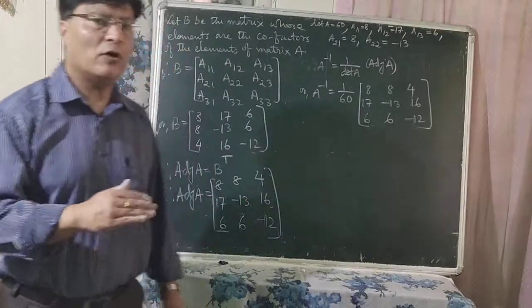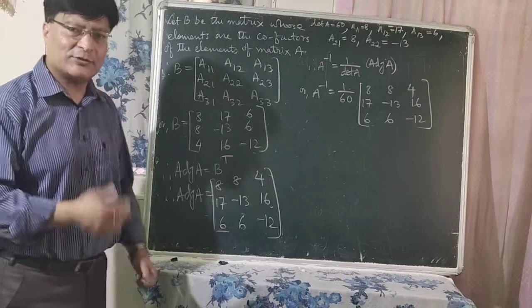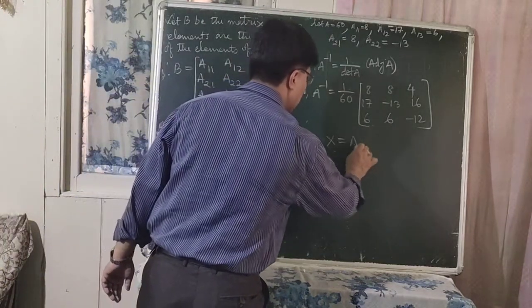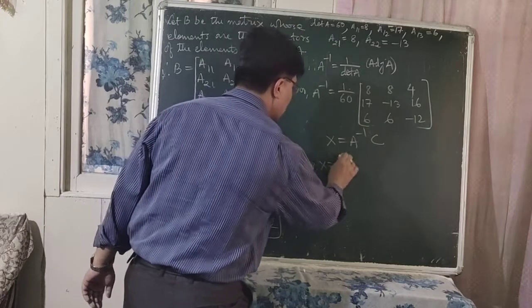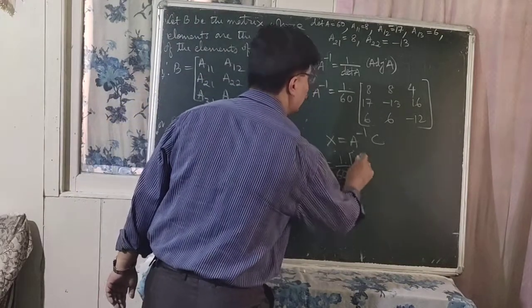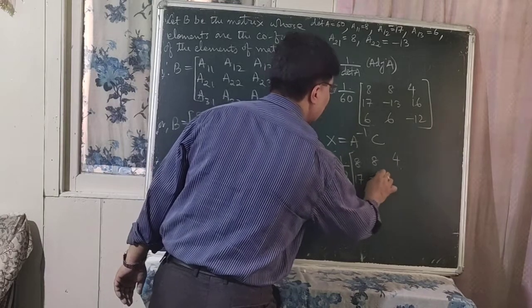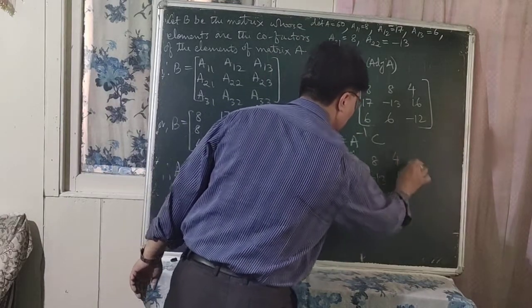Now, in order to get the values of the unknown quantities, let us write down the matrix equation again. The matrix equation is capital X is equal to A inverse C. What is A inverse here? We just got it: 1 by 60, then 8, 8, 4, 17, minus 13, 16, 6, 6, minus 12.